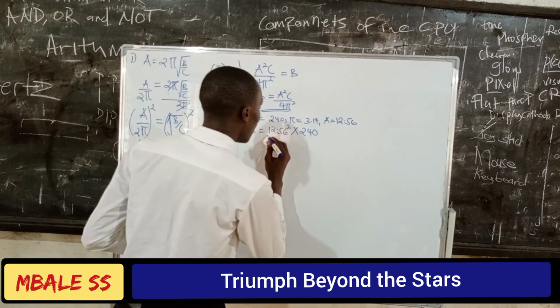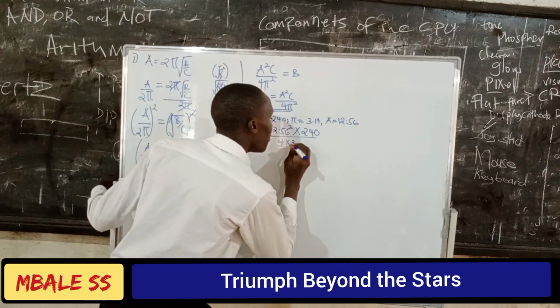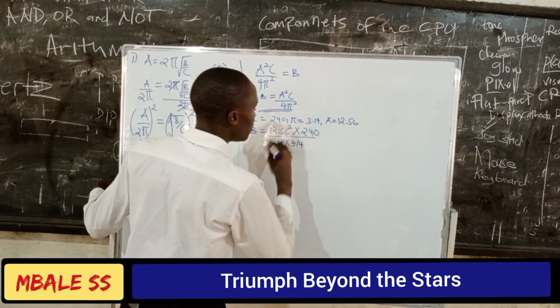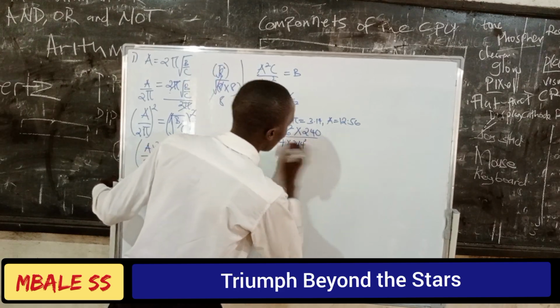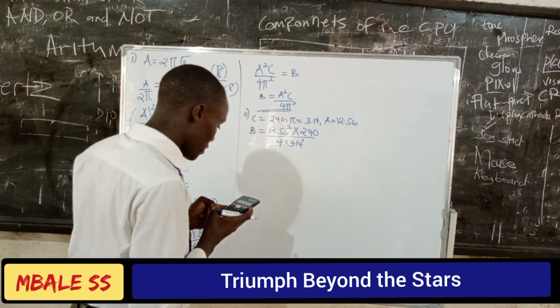Then we shall get it over 4 times, what's the pi? The pi is 3.14. But I've said that it's squared, so we shall have power 2. Okay? Then we shall get 12.56 squared.